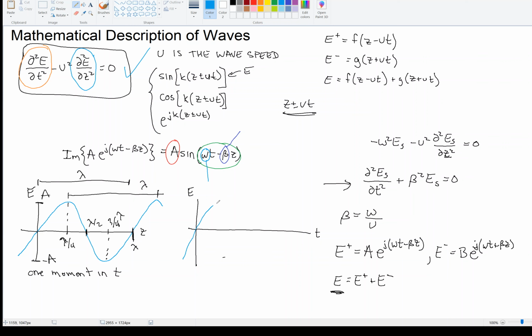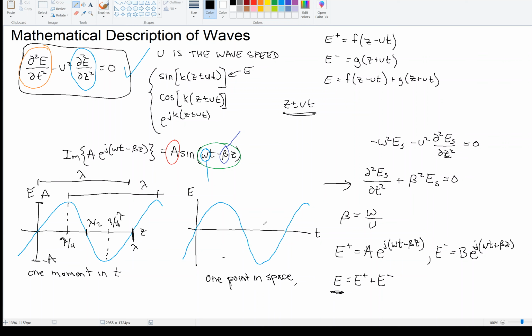So now what I could do is plot one point in space, and then plot versus time. So how does the electric field or whatever field change at that one point in space as I let time go by?